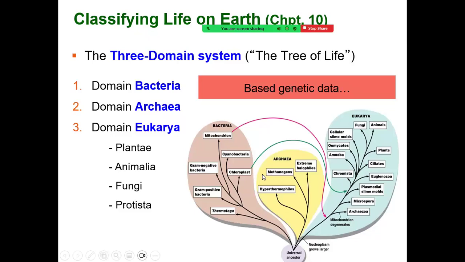You can also use the 4-kingdom approach, and that is, gosh, how is the 4-kingdom approach? I don't remember. Let's go on to the 5-kingdom approach. You have the 4 kingdoms of eukarya, the plantae, animalia, fungi, protista, and then you have kingdom monera, which includes both the bacteria and the archaea.